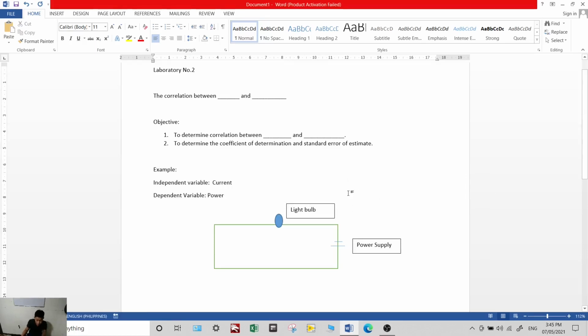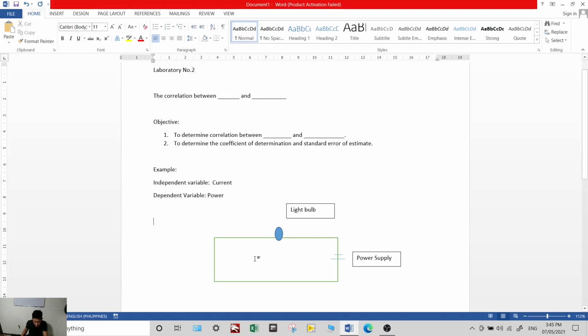Pwede ka mag-set up ug lahi-lahi nga wattage ani. Example rin ha, pero pwede mong buhat og lain.